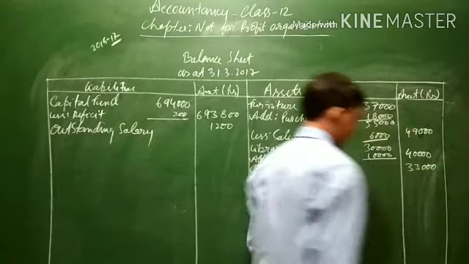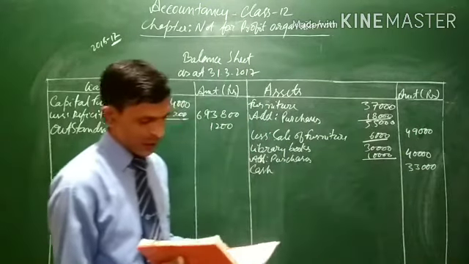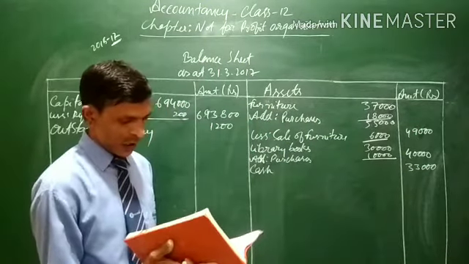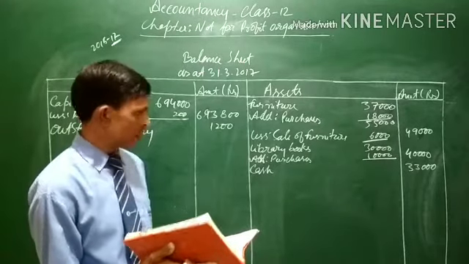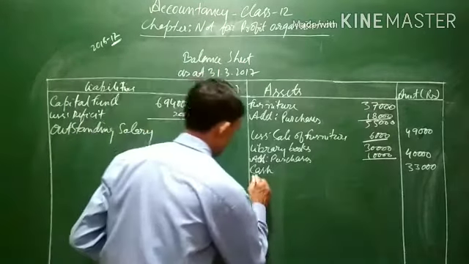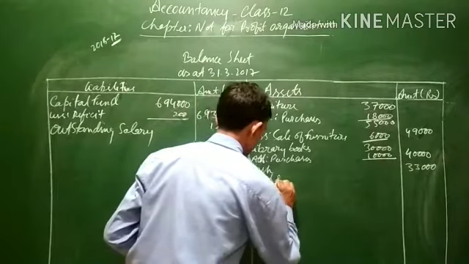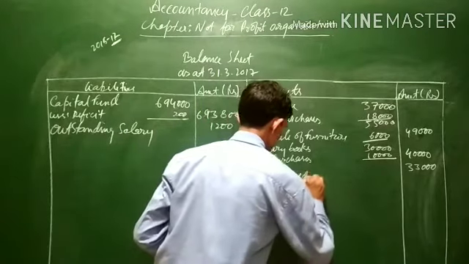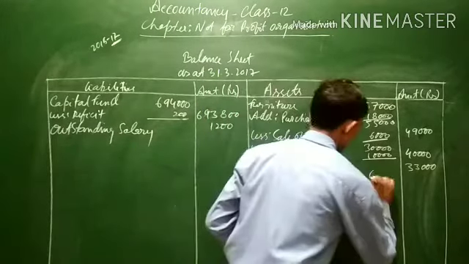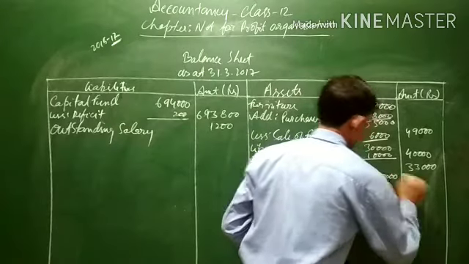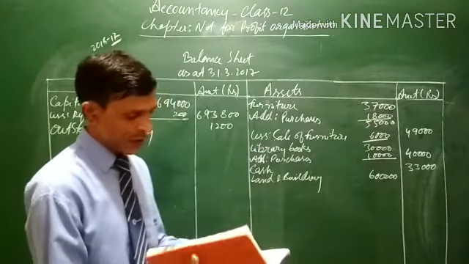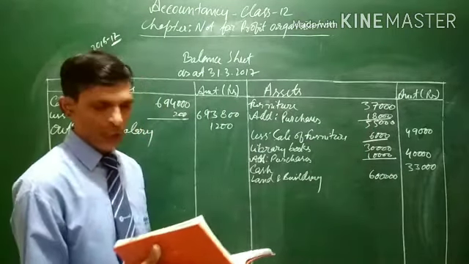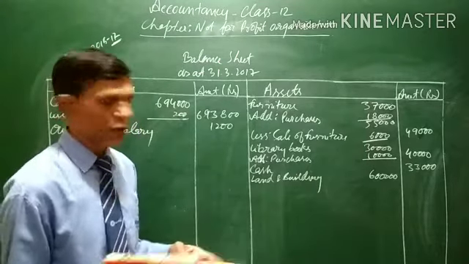Cash 33,000. Now you can see some more items in the balance sheet. This is regarding library, furniture, and land and building. Land and building worth rupees 6 lakh. Moreover, it is mentioned in the adjustment that 5% depreciation is to be provided on land and building.